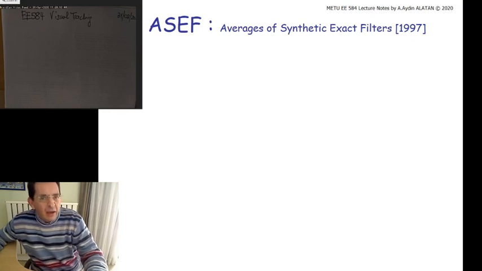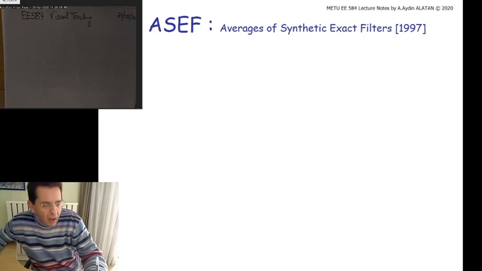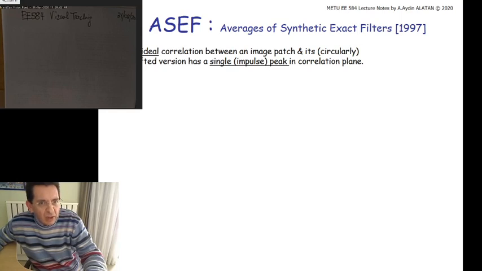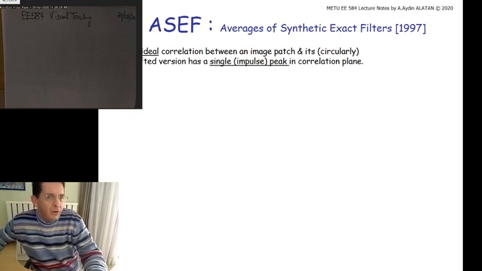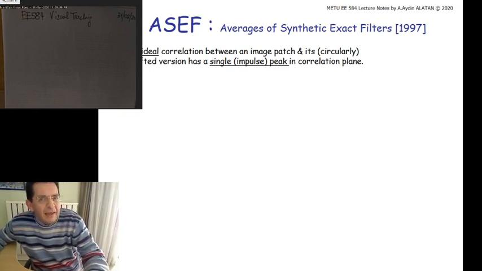Let's start with the first algorithm. That algorithm is not for tracking, but the idea is very simple here, and we will use this idea during tracking as well. Now, an ideal correlation between an image patch and its circularly shifted version has a single beautiful ideal impulse peak in the correlation plane.